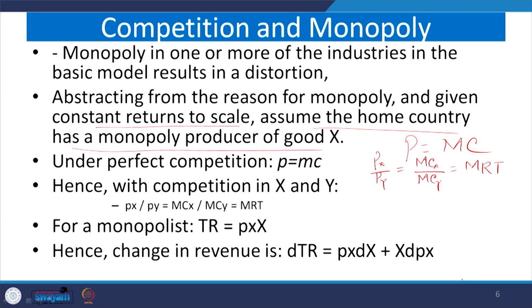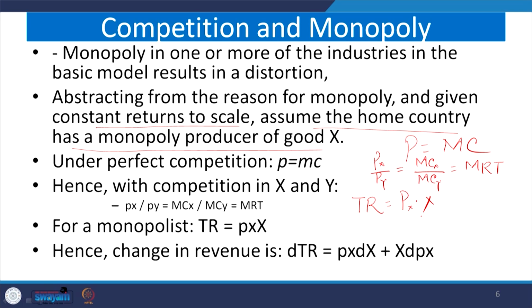Whereas in the case of monopoly, we want to discuss in a very different manner. Given this assumption, let us define the total revenue of the monopoly firm as Px into the number of products produced.